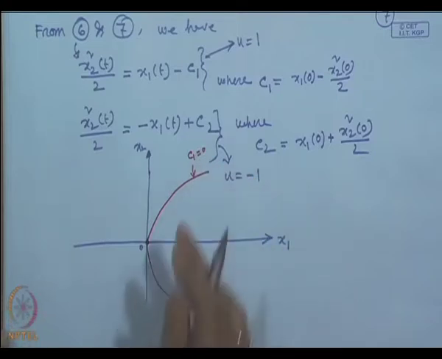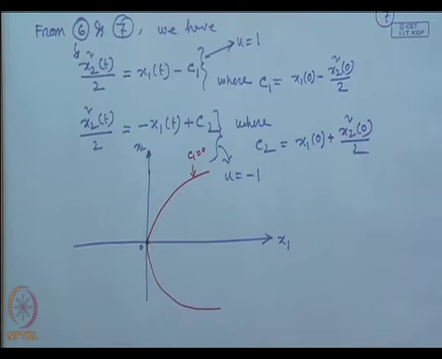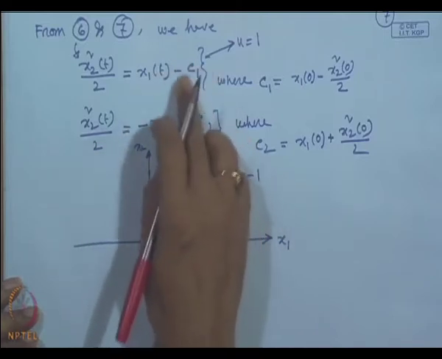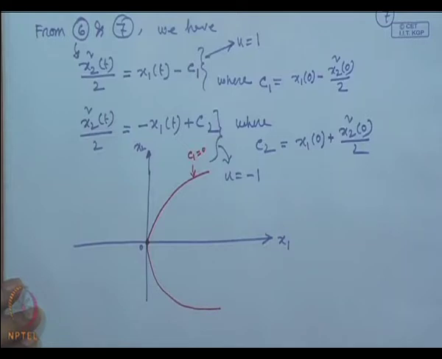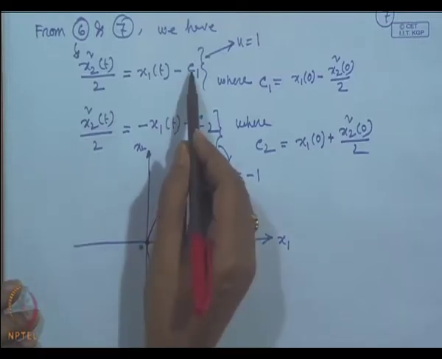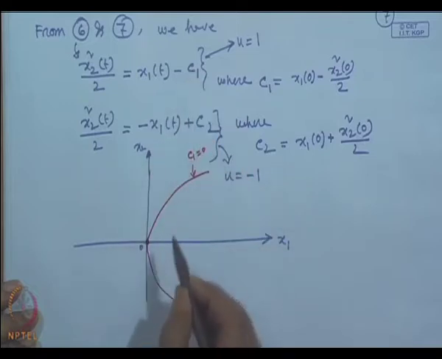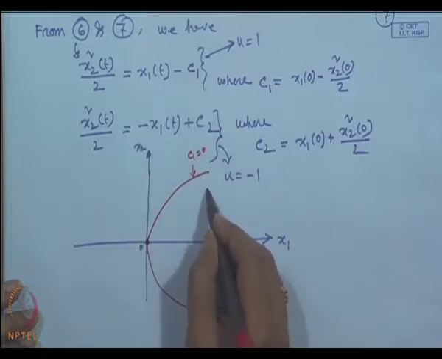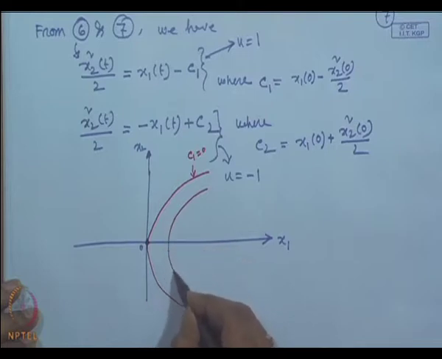Now, tell me, when C1 is greater than 0, what will be the nature of this curve? When C1 is greater than 0, this curve will be like this.